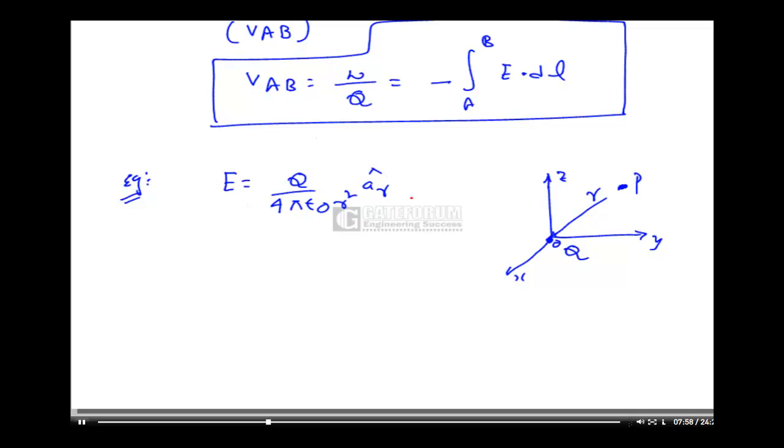In this electric field, if you want to move from A to B, then VAB is given by minus the integration from RA to RB of Q by 4 pi epsilon naught R square a_R bar.